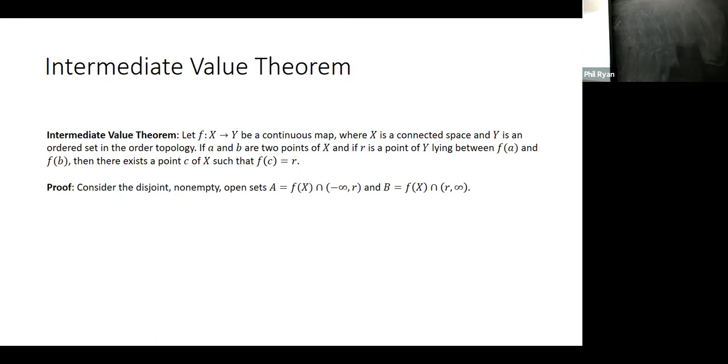Because we've just intersected the image with an open set. So what do we know? Well, we know that X is connected, so therefore f of X is connected. The image of a connected set is a connected set. And so therefore we know that this can't be a separation.